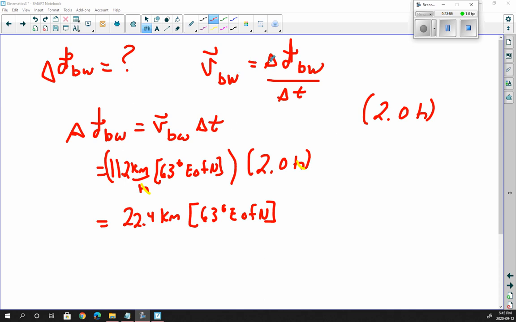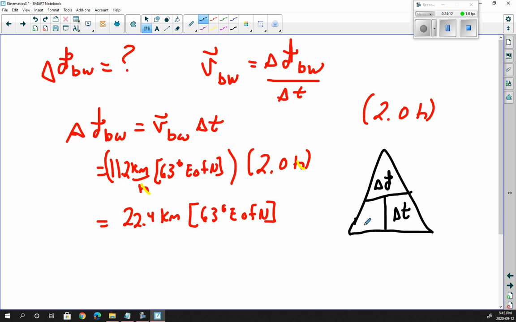Now some of you may want a triangle. You can do little triangles for all these. So it would be displacement over time, and this would be velocity. If you want to find velocity, you cover it up and you're left with displacement over time. If you want to find displacement, you cover it up and you're left with these two multiplying each other, and that's what I have here.